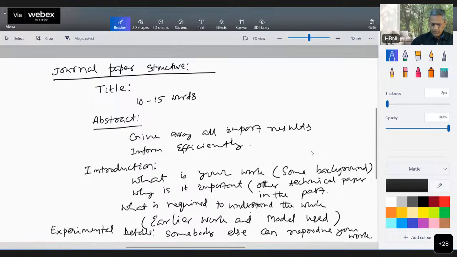This is important. Your experimental detail should be such that if somebody wants, he can reproduce your work. After that comes the result.